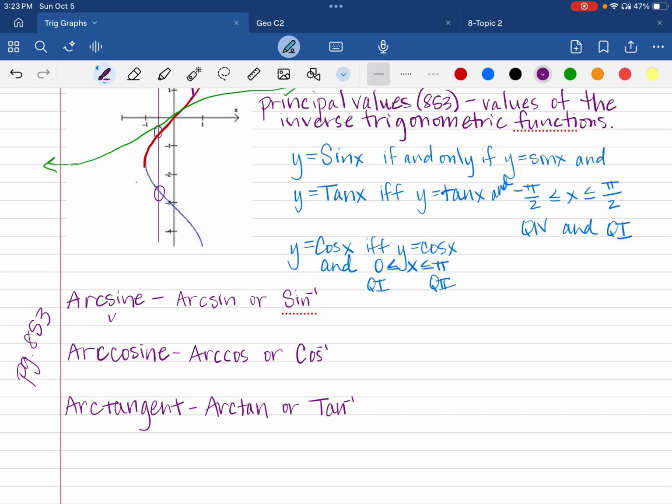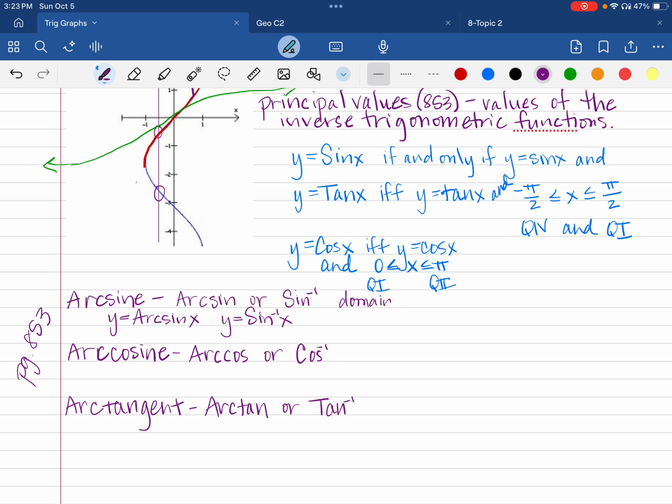Equation-wise, it might look like y equals arc sine of x, or y equals inverse sine of x. The second version is what you would use on your calculator. There's no differentiation between a capital S or a smaller s, but the calculator is programmed to only give you back the principal values.